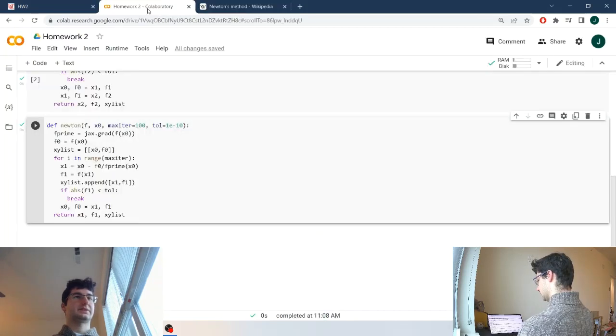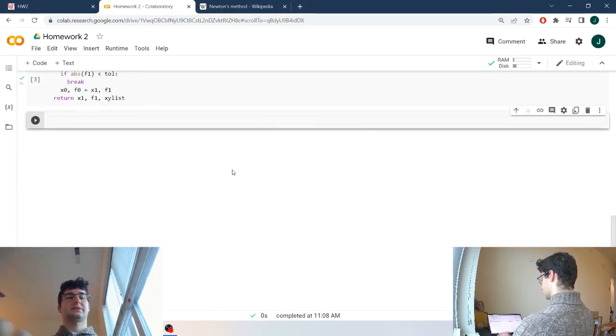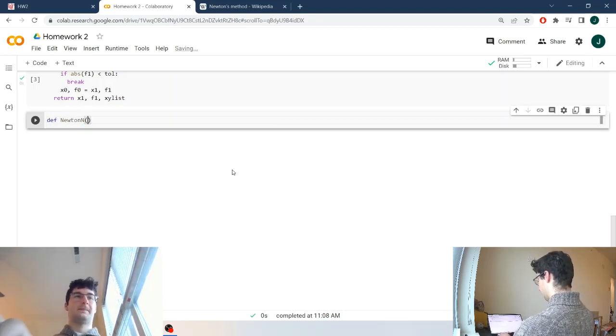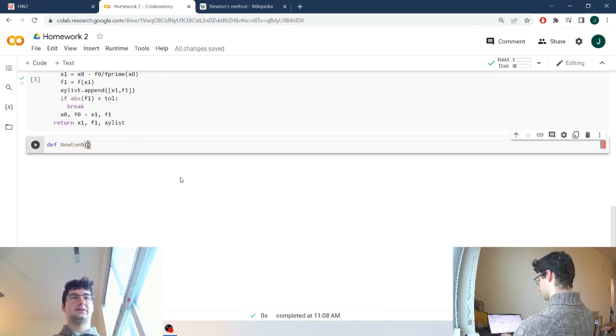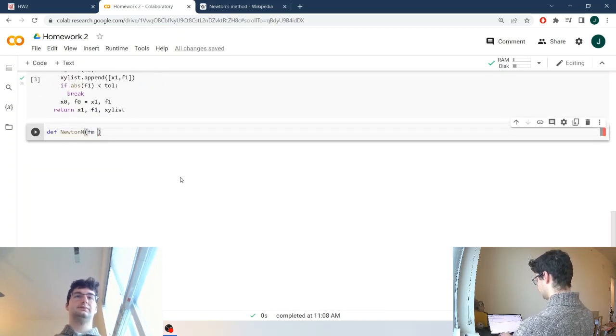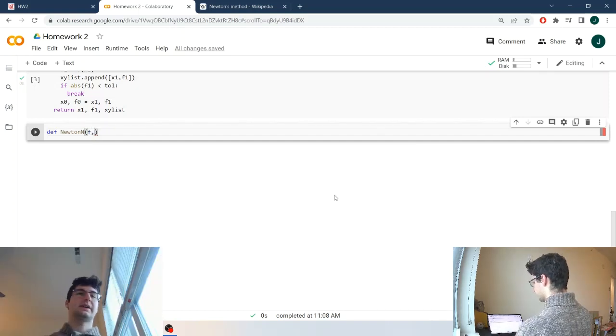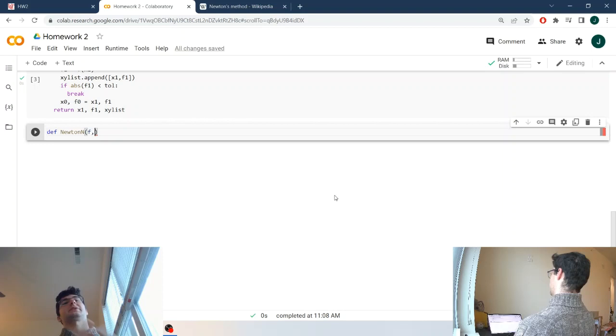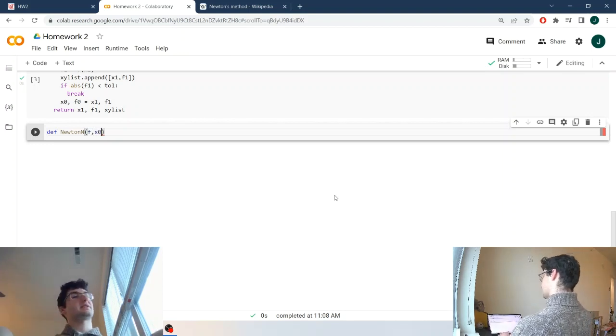So let's go ahead and do it. Let's define this as Newton n, and give it a function. This will look pretty similar to the previous ones, except our x naught is not a scalar anymore.